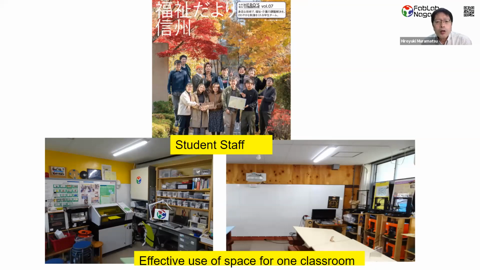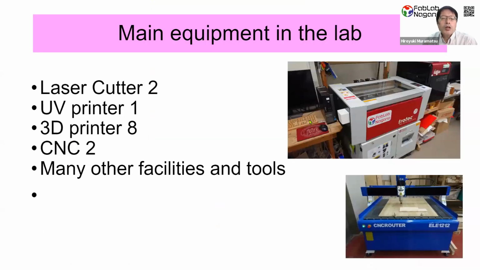The lower part of the picture shows my lab, an effective use of the space of one classroom. It's very narrow. The main equipment is 2 laser cutters, a UV printer, 8 3D printers, a CNC, and other facilities and tools.